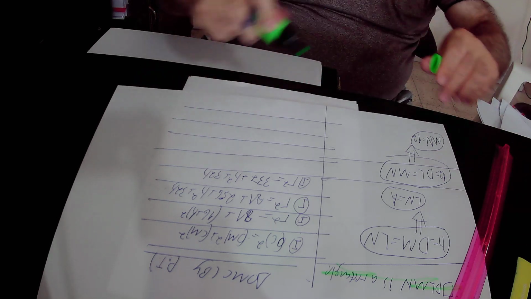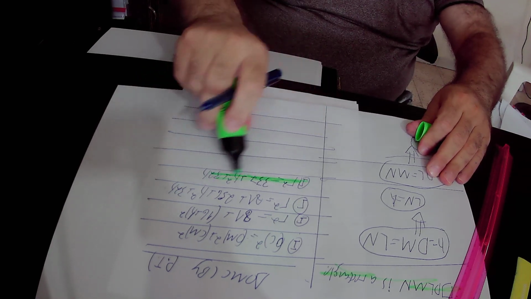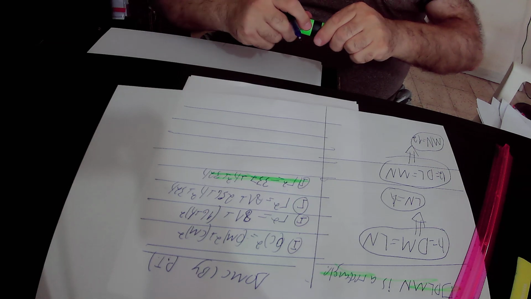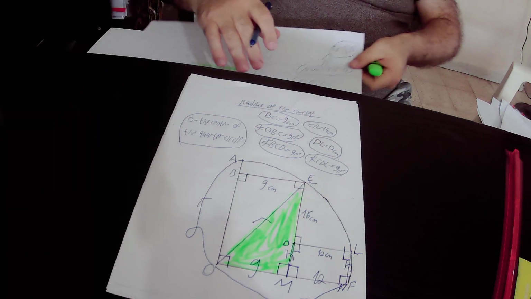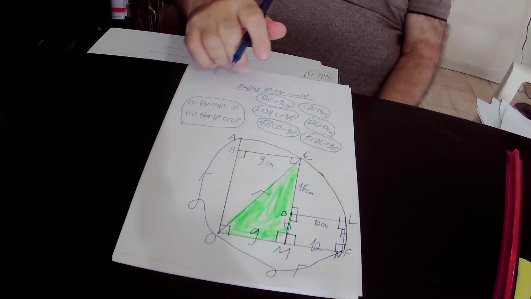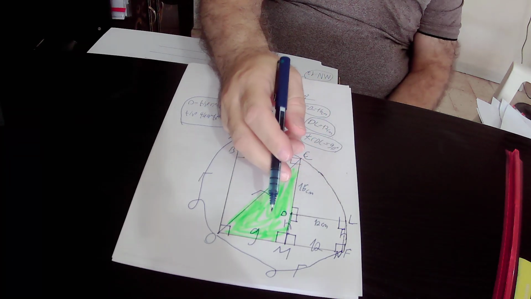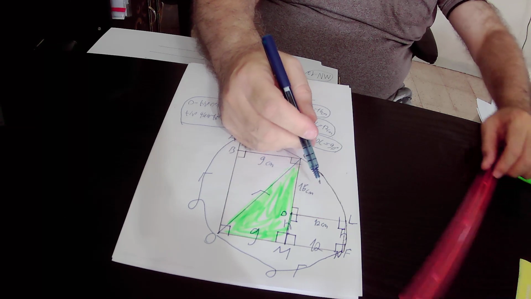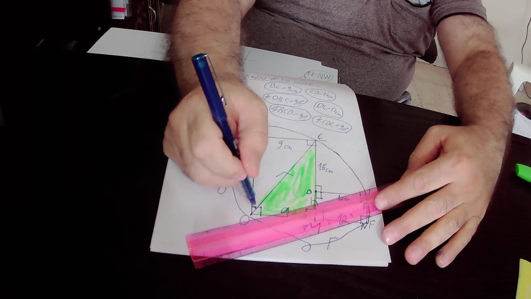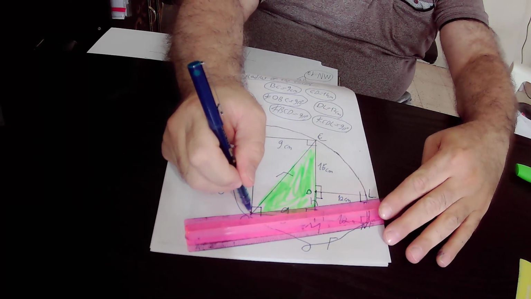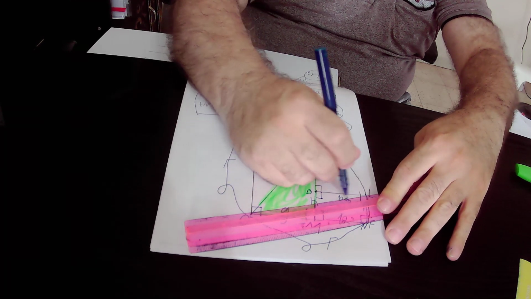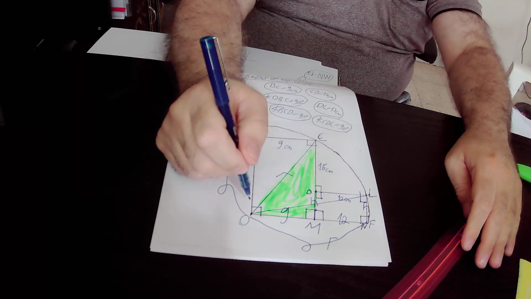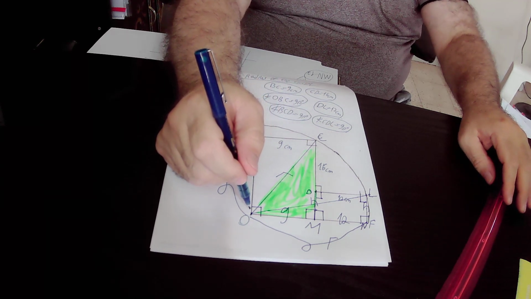Okay. In the next step, we will join points O and L together by a straight line. Point O is the center of the quarter circle.